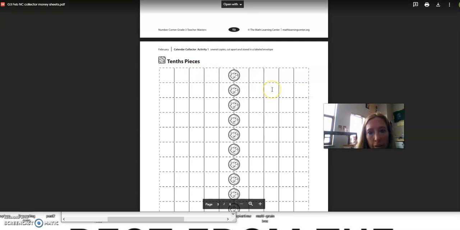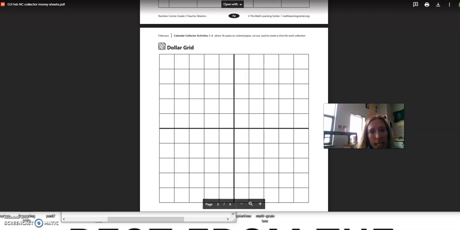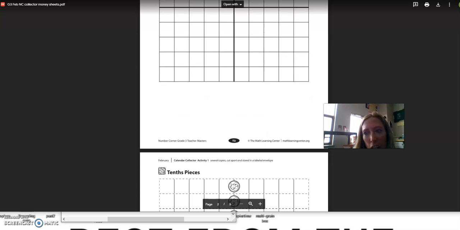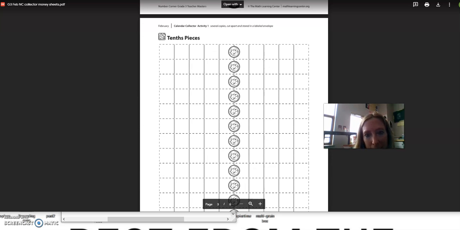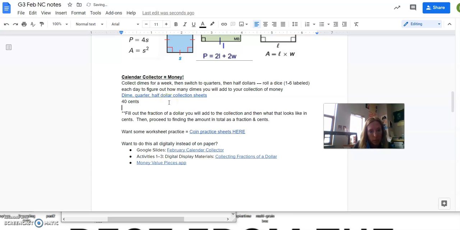So if I roll a 4, I'm going to collect 4 of these dime pieces, and I'm going to tape them onto the dollar grid so we can see that fraction as a visual, and that it's 40 hundredths, otherwise known as 4/10ths of a dollar, which we would write as 40 cents, or we'd write it with a dollar sign like this. We'd write out 40 cents with the cent symbol, or we could write out $0.40. And there would not be the cent symbol after this one because we're using the dollar symbol, okay?